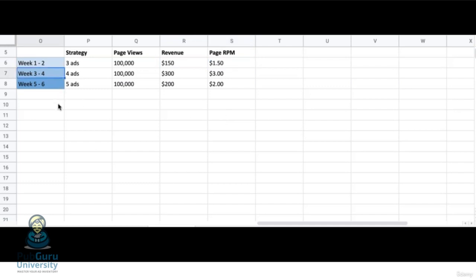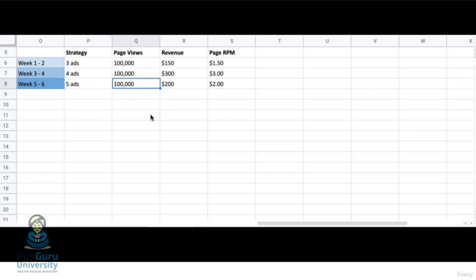Then you decided after 2 weeks that you're going to run 4 ads. You're still getting the same amount of page views, but this time your revenue has doubled, and from $150, you're now earning $300. So your page RPM is now $3. Then you get a little greedy, and for weeks 5 and 6, you started implementing 5 ads.